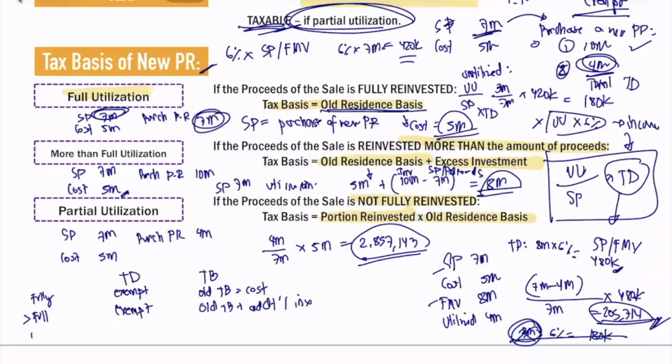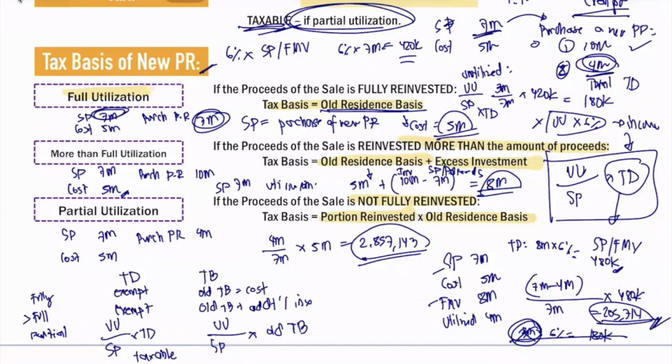Pagka partial utilization, the tax due is again on your unutilized all over selling price multiplied by tax due. It becomes now taxable. How about the tax basis? Again, the portion reinvested all over selling price multiplied by the old tax basis.